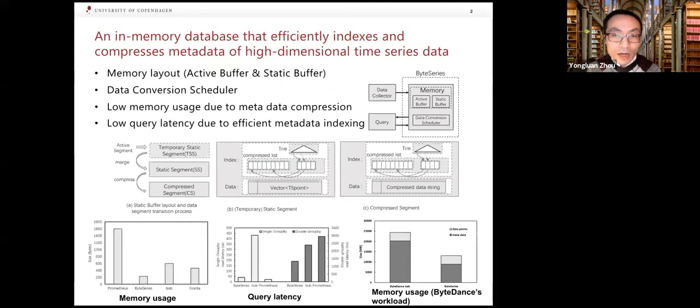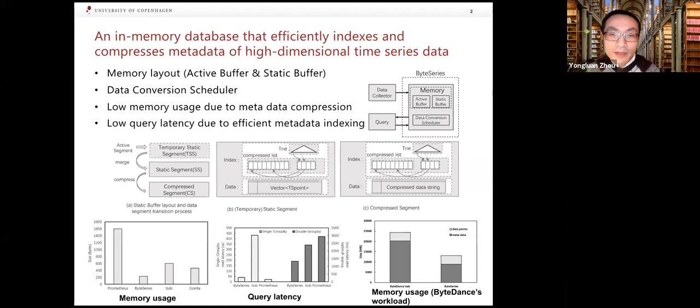Based on these observations, we developed Pi series, which is an in-memory database. The prominent feature of our system is that it efficiently indexes and compresses the metadata of high-dimensional time series data. The memory layout in Pi series is composed of an active buffer and a static buffer. The active buffer is designed for high throughput ingestion, which doesn't do any data compression. The static buffer is designed to achieve highly efficient data compression.